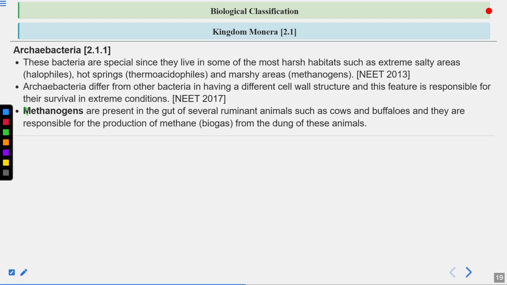Out of the total bacteria present in the gut, 10% are methanogens. Methanogens produce methane, which is a major component of biogas. So these methanogens can produce methane from animal dung.